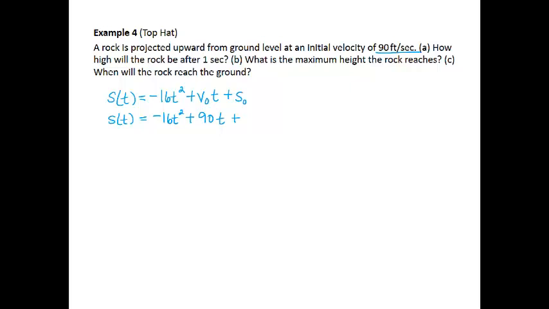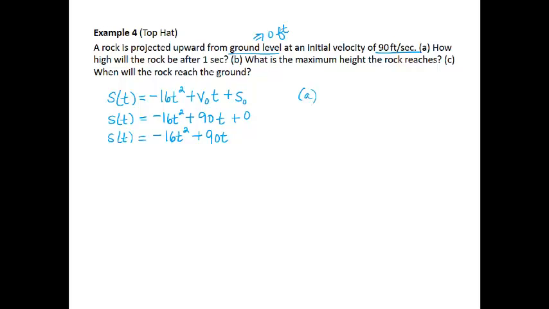Because the rock is projected from ground level, the height is 0 feet above ground level. So we can simplify this to write S of t equals negative 16t squared plus 90t. Now that we have a model, we can use it to find the answers to these questions.